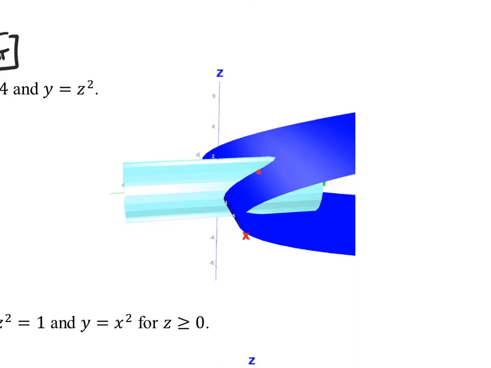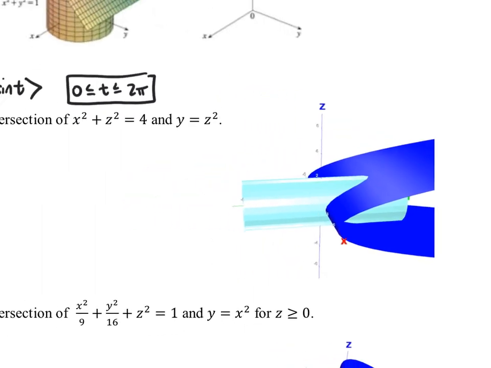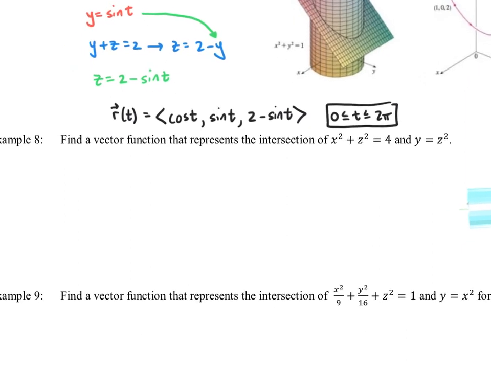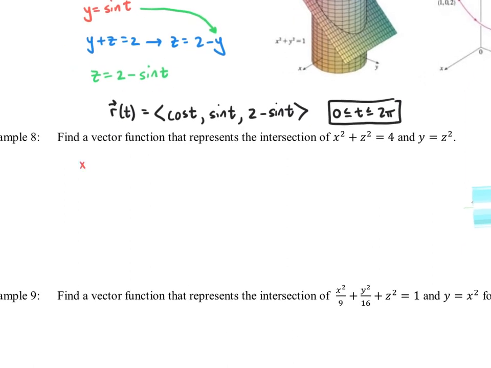This intersection is this interesting sort of shape that kind of goes along the parabola and where it intersects the cylinder. And that's what we're going to try to figure out, the vector valued equation for that particular intersection. All right, let's utilize the same type of strategy that we had in the previous two.